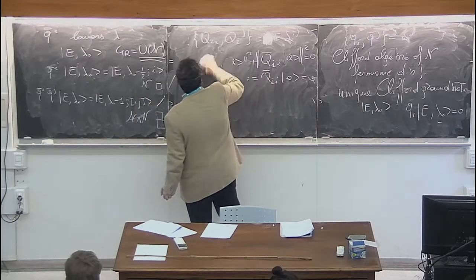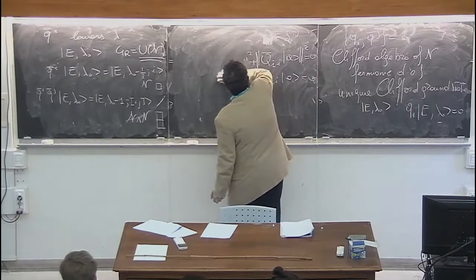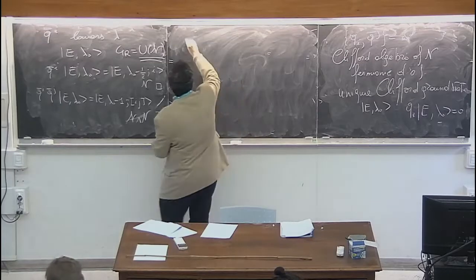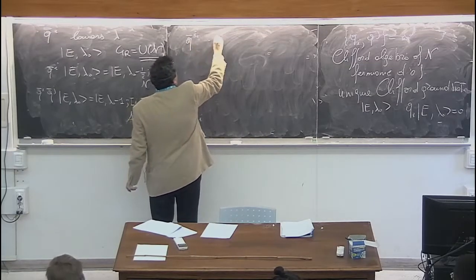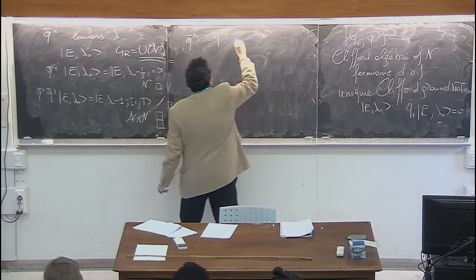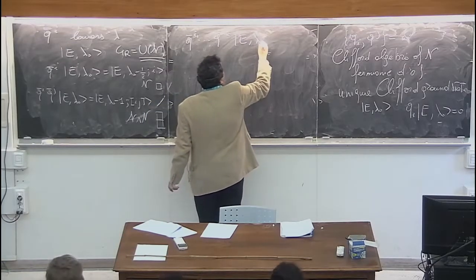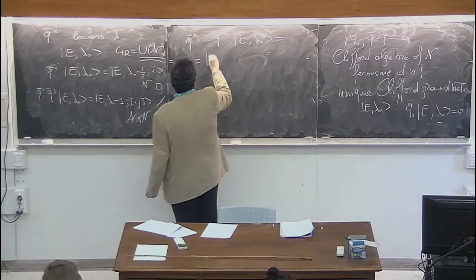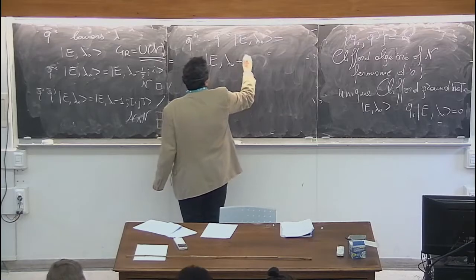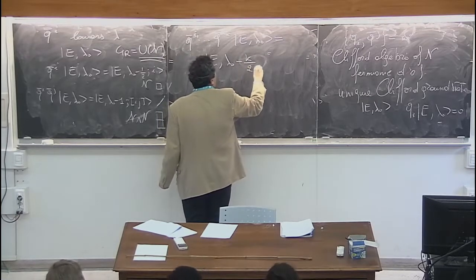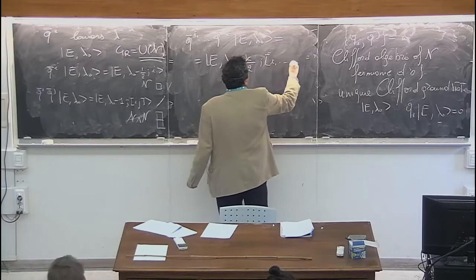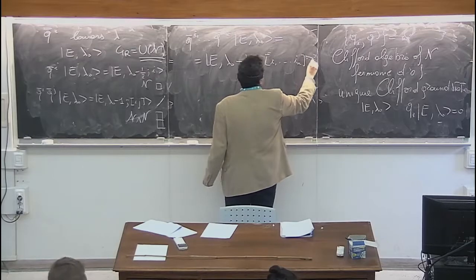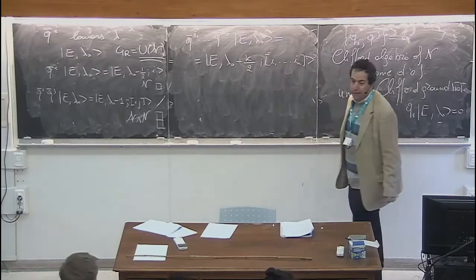We can go on and construct all the others. In particular, the generic state obtained by acting on the ground state by means of k of these generators Q bar is E lambda naught minus k over 2, and is totally anti-symmetric in the indices I1 to Ik.